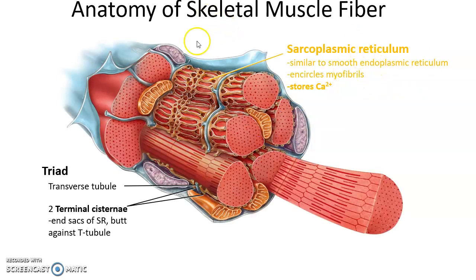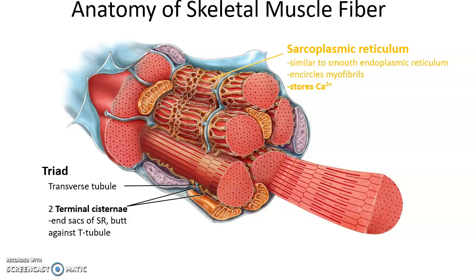All right, next up is the sarcoplasmic reticulum. It is another specialized structure found in skeletal muscle fibers. It is similar to smooth endoplasmic reticulum, except it specifically wraps around the myofibrils, and its main job at rest is to store calcium ions.